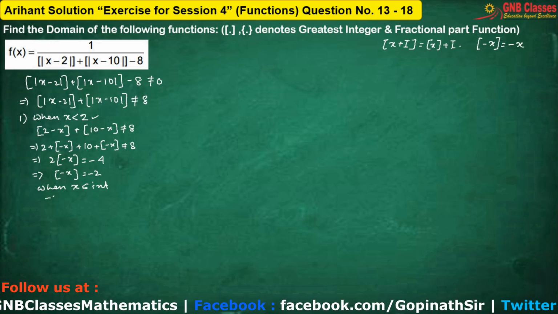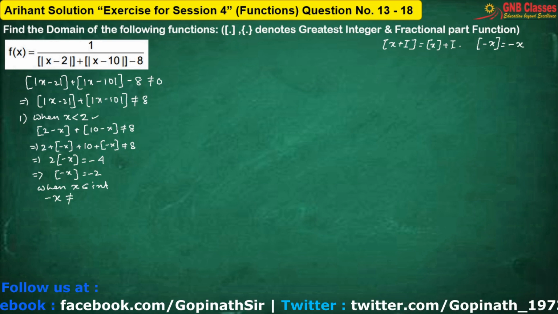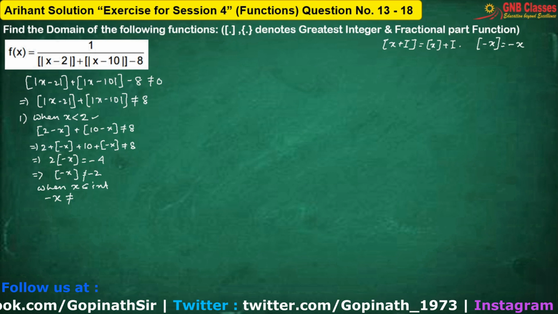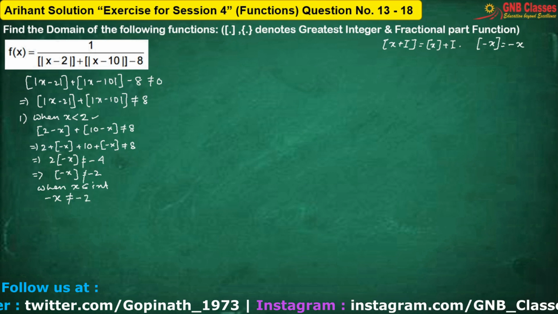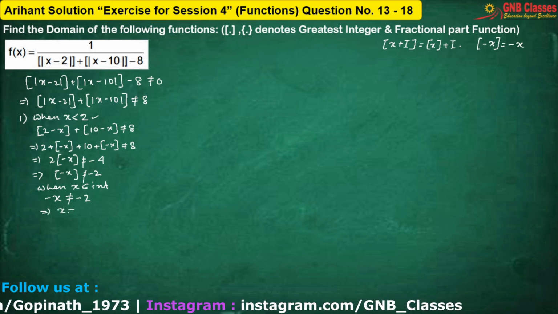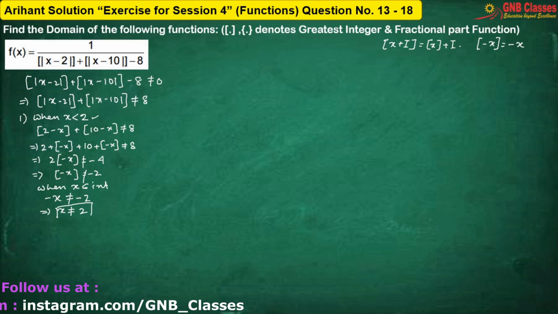Therefore, minus of x will be not equals to minus 2. That implies x is not equals to 2. This is the first thing that we got, that x cannot be equals to 2.